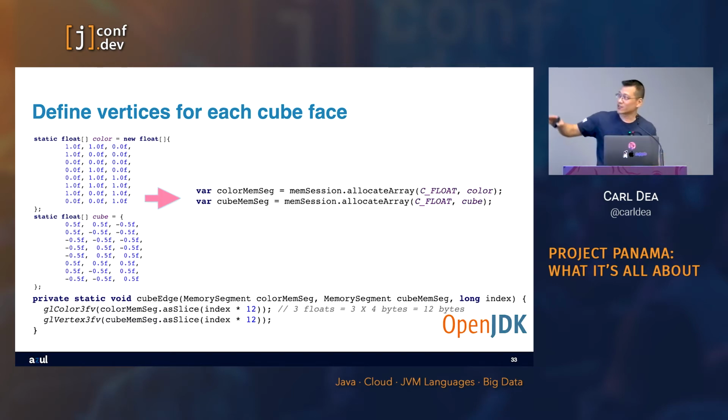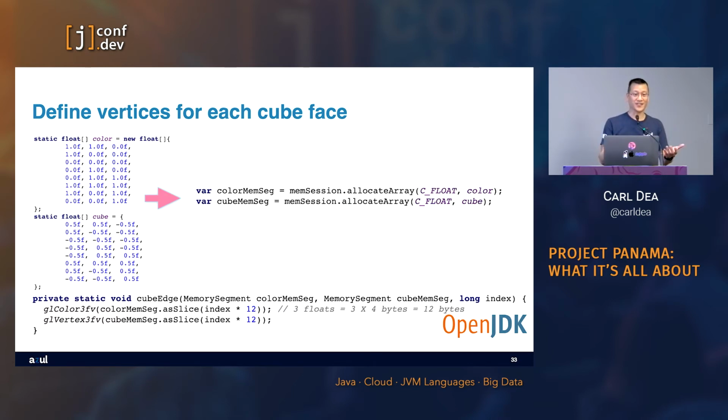That C code looks just like that, but this is in Java. So Jextract actually generated the glColor3fv, or glVertex3fv. So it's really cool that you could just use these functions.